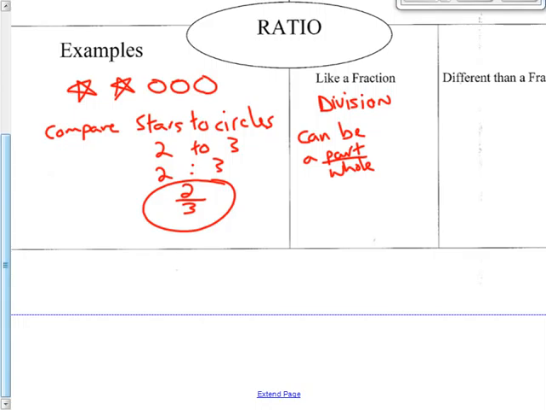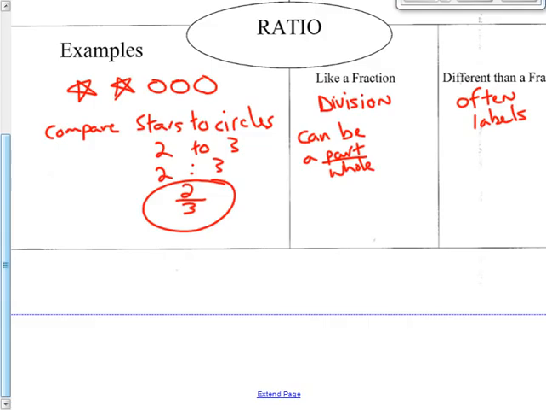Often fractions don't have labels on them, and so that's one way that they can be different than a fraction. We often talk about ratios with labels, and we will take that ratio and call it a rate when we put some labels on it.